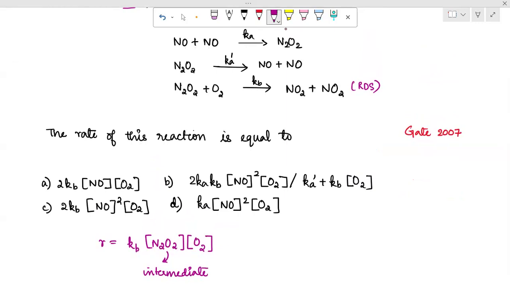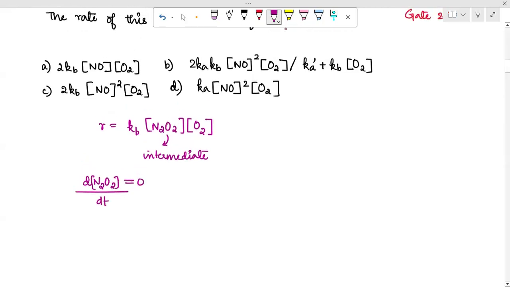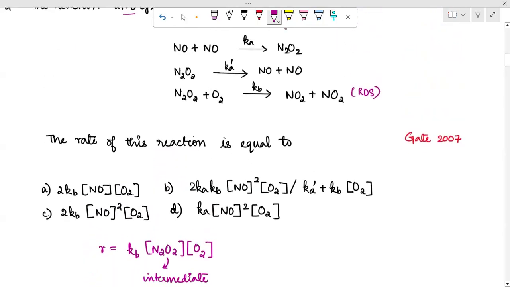So we have to proceed with the SSA, steady state approximation. And you need to apply the steady state approximation on the intermediate. The intermediate that we have is N2O2. According to the steady state approximation, the change in the concentration of the intermediate with respect to time will be taken as 0. Correct.